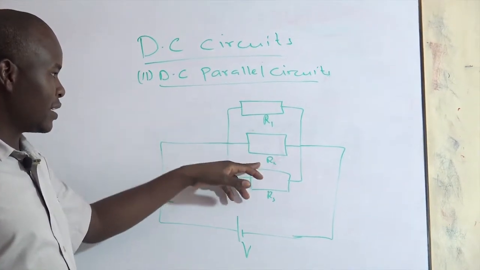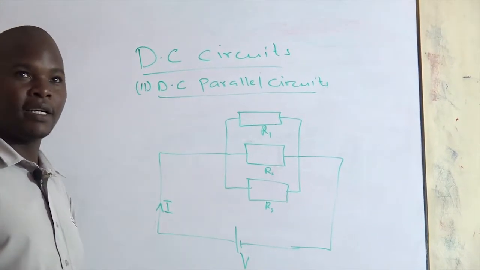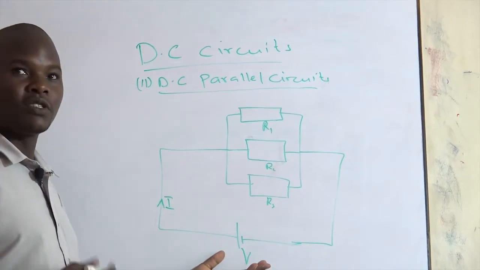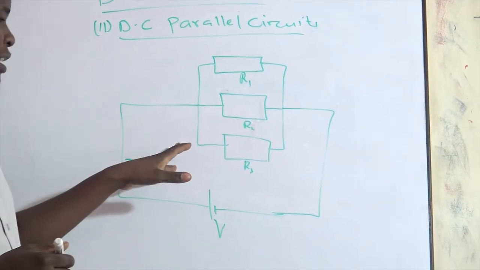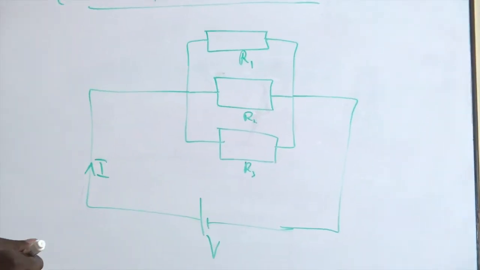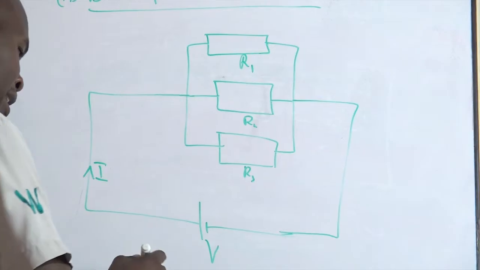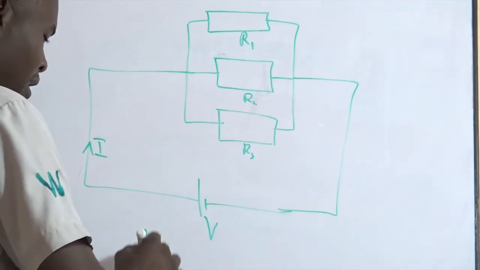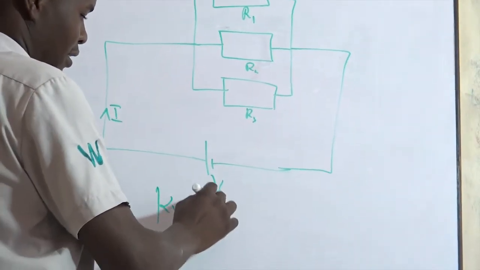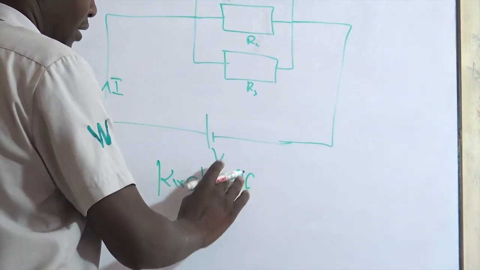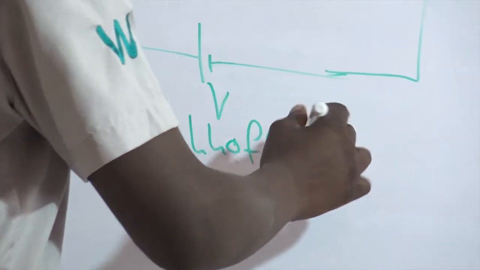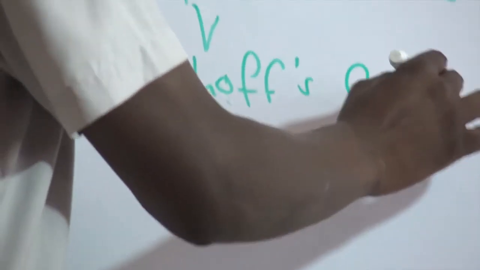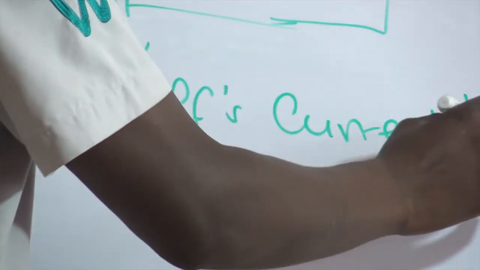We have three resistors. They are connected in parallel. Here we have the source of EMF. We have the current. But now, in conjunction with Ohm's law, we normally apply another law which we call Kirchhoff's current law.